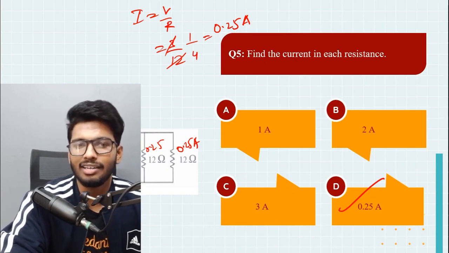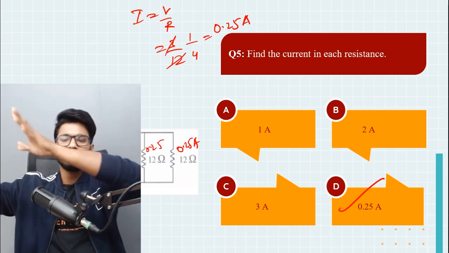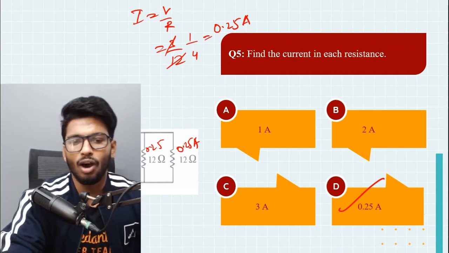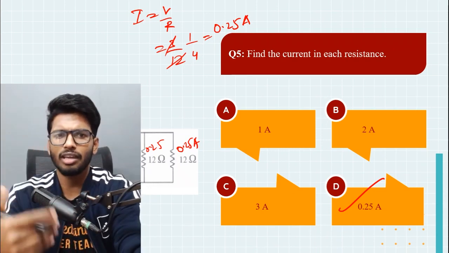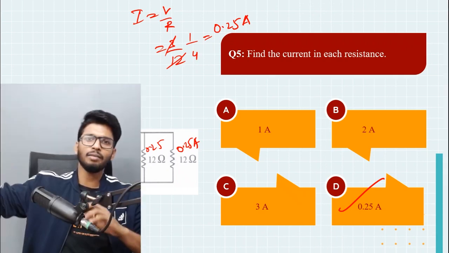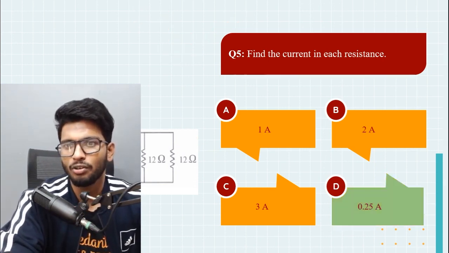If you add up the individual currents, 0.25 plus 0.25, 0.25 plus 0.25, because individually all of them have the same amount of current flowing through, the answer for each would be 0.25 amperes.